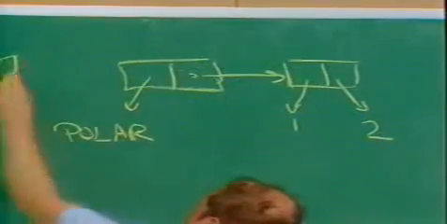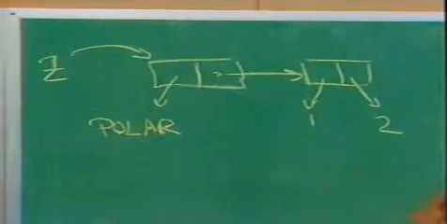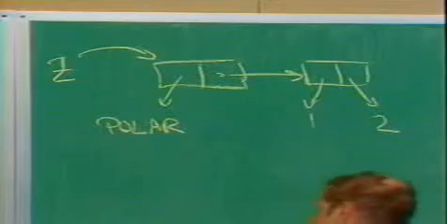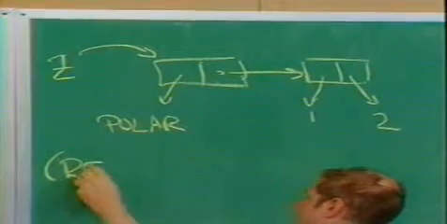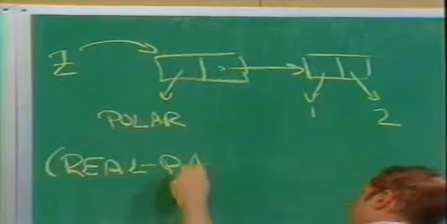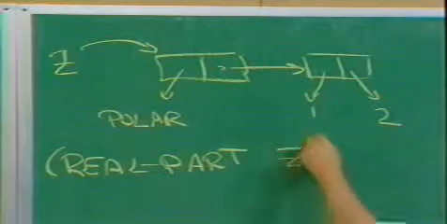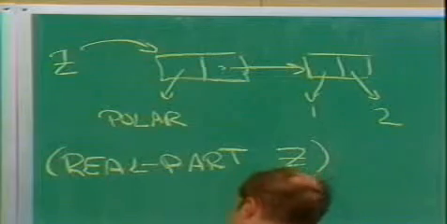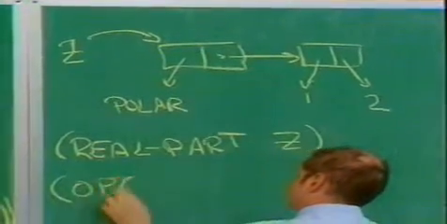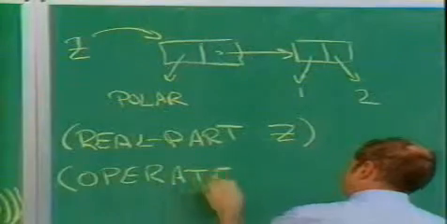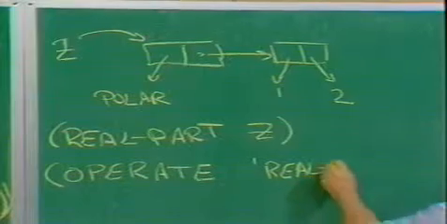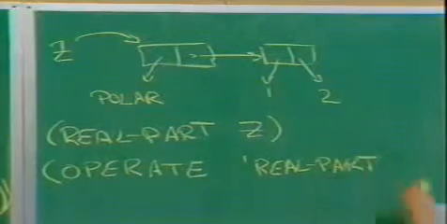Let's call that Z. And suppose with this implementation, someone comes up and asks for the real part of Z. Well, real part now is defined in terms of operate. So that's equivalent to saying operate, with the name of the operator being the symbol real part, on Z.